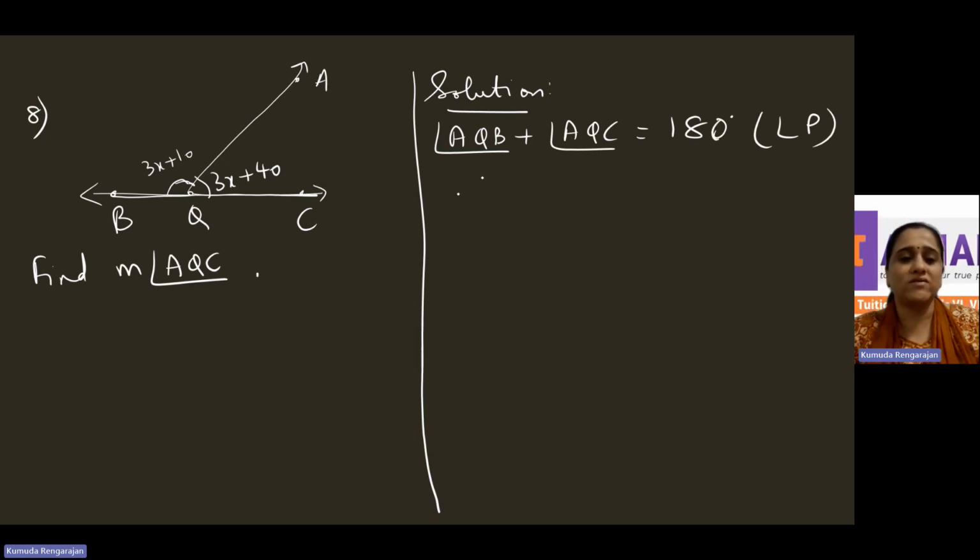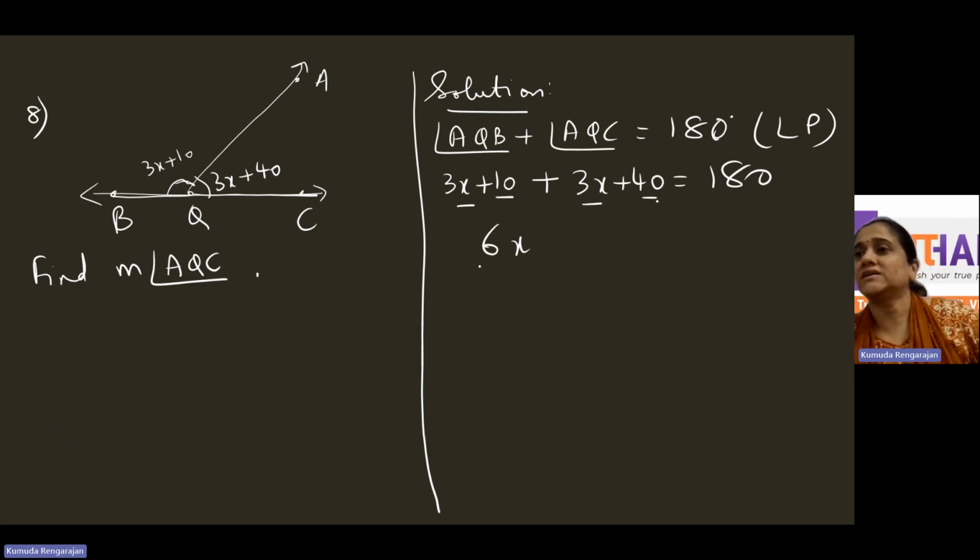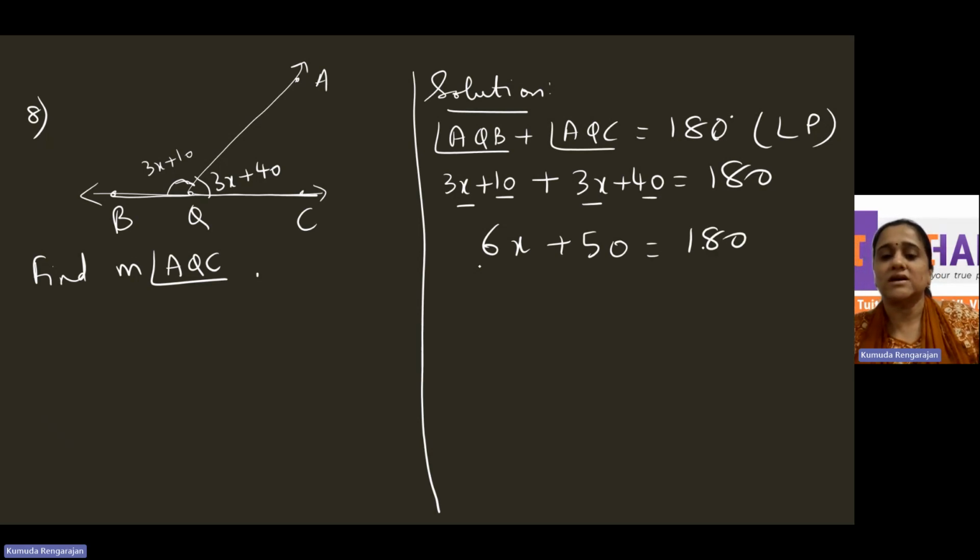Now, what is given? AQB is 3x plus 10, plus AQC, which is 3x plus 40. If you add these two, you must get 180. Now, what is 3x plus 3x? 6x. What is 10 plus 40? 50, is equal to 180.